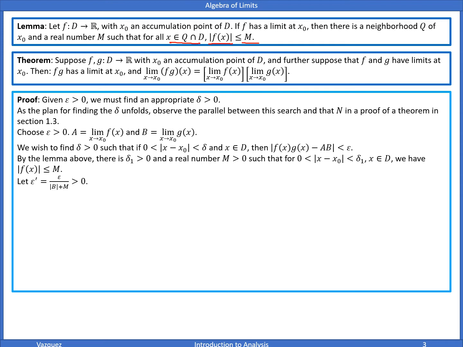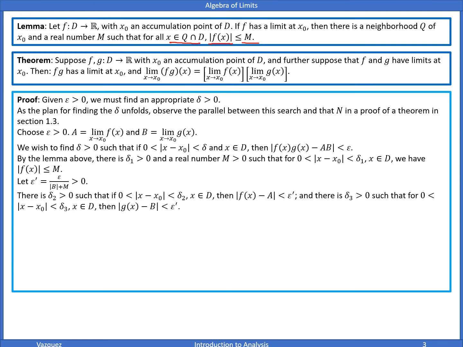So we're going to let epsilon prime be equal to epsilon over absolute value of B plus M. If this choice of epsilon isn't quite clear, I recommend going back to section 1.3, viewing that lecture again and seeing how we choose our appropriate epsilon. So let epsilon prime equal epsilon over absolute value of B plus M, which is greater than 0.